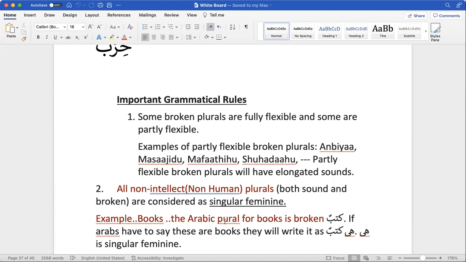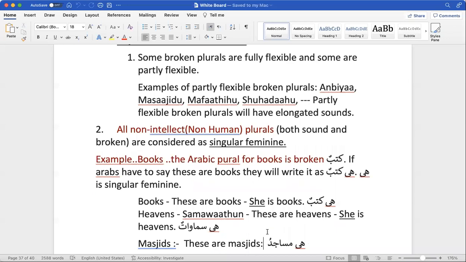So for example, kutubun. Kutubun is a non-human broken plural, meaning books. When Arabs have to say, these are books, in English generally we put the appropriate pronoun that matches with the plural number of the object.